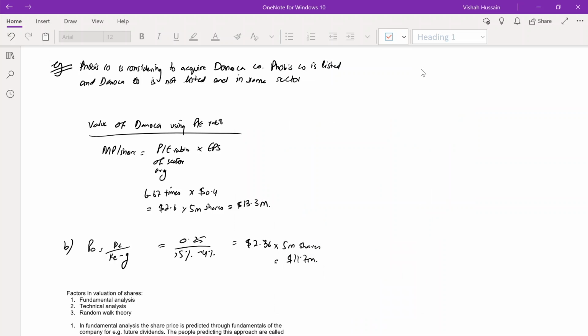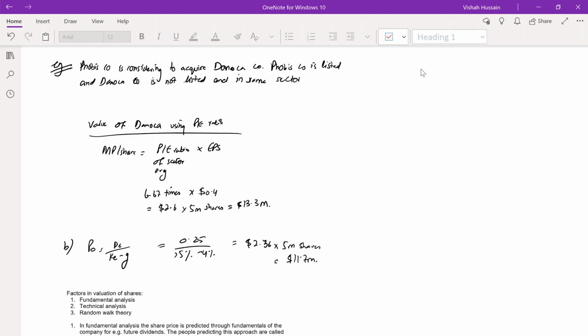In the previous question, that is in the original question, you did not have to compute the value in case of this being a private company or an unlisted company. All you had to do was to compute the price to earnings ratio.